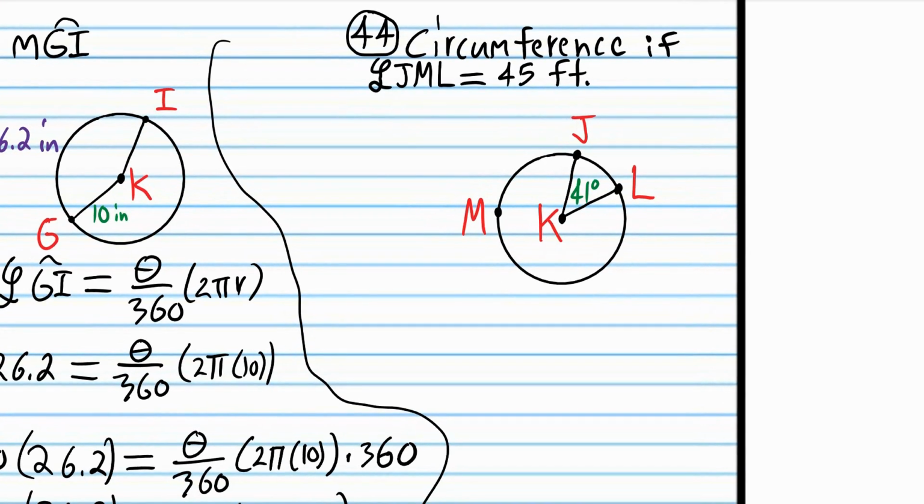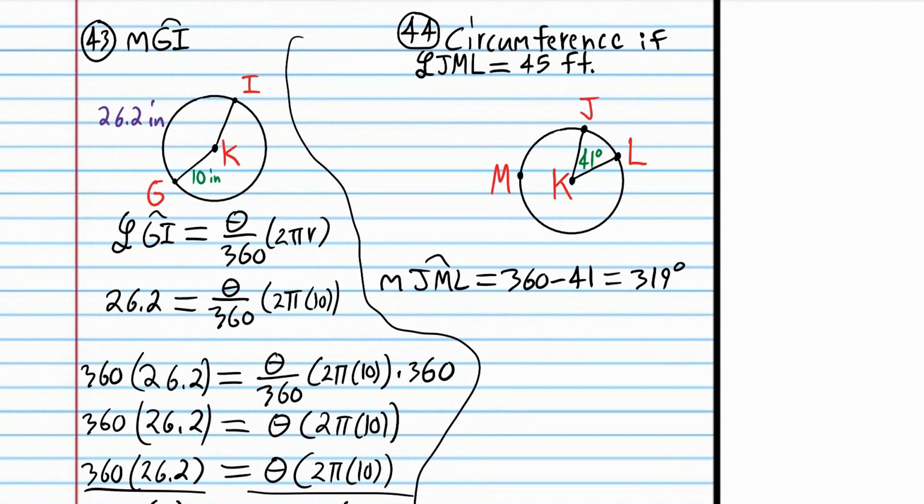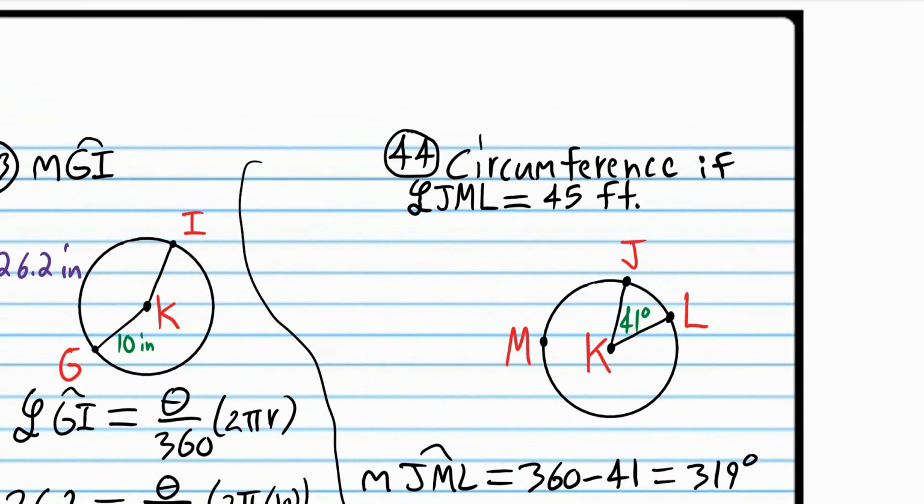So the measure of arc JML is equal to 360 minus 41, and that's just going to be equal to 319 degrees. So now that's the central angle. So now we can say that the arc length of, and I keep forgetting to put arcs there, I'm sorry about that.